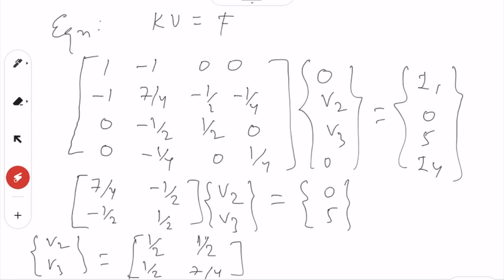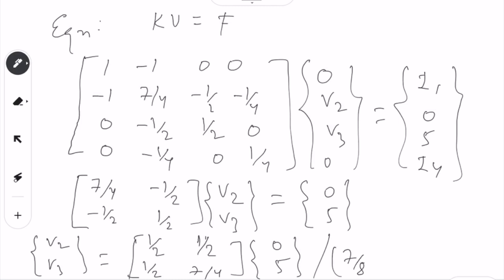Let us multiply this with 0, 5. The determinant is 7/8 minus 1/4.